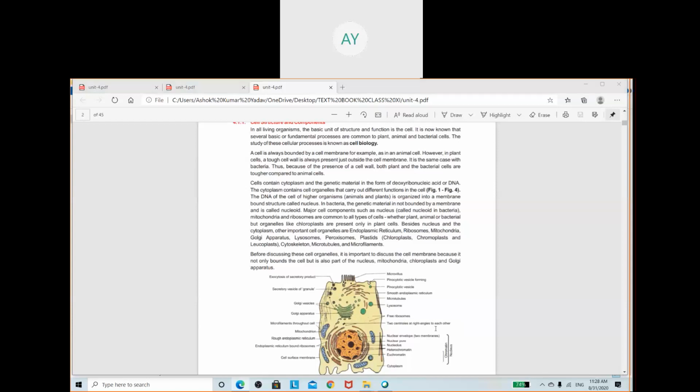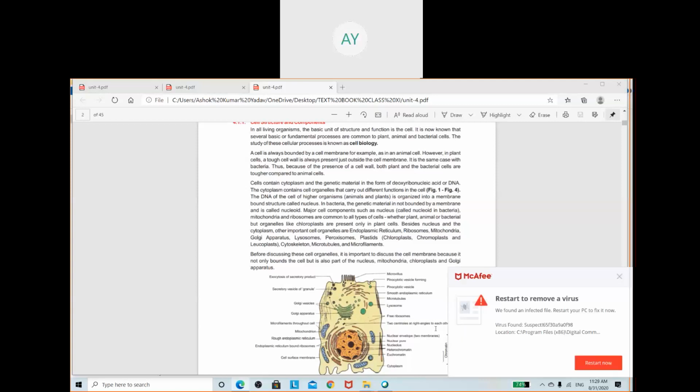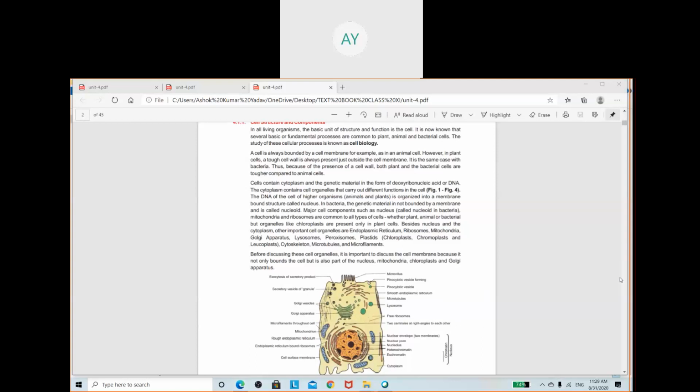You know why it is the kitchen? Because the process of photosynthesis occurs in presence of light, chlorophyll pigments, carbon dioxide, and water, as well as minerals. So the kitchen of the cell is chloroplast.